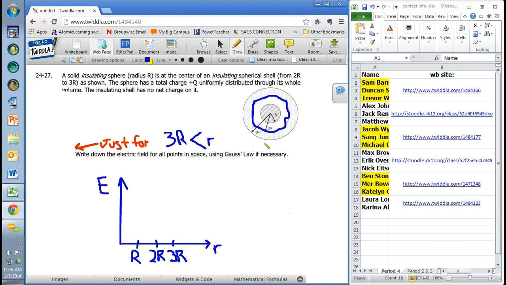If you remember for the first part, what we found was a direct relationship, so it goes up like this. And then for the rest of the problem, it was all the same answer, an inverse square relationship, so it goes down like this. Hey, that's pretty good. Any questions?